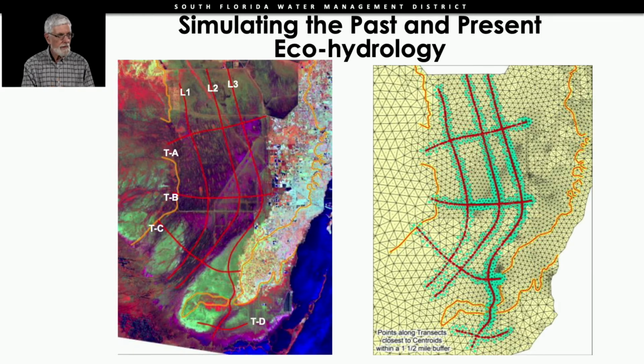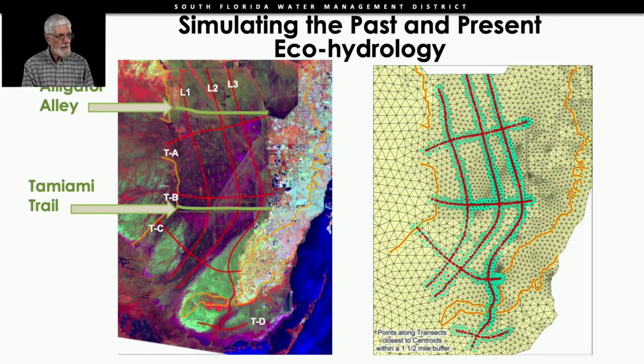In the next graphic, there'll be two places that show the location of Alligator Alley, which is a road that goes west and east, and Tamiami Trail, which goes west and east, to give you a geographic reference. I think you'll understand once I show you the next picture.